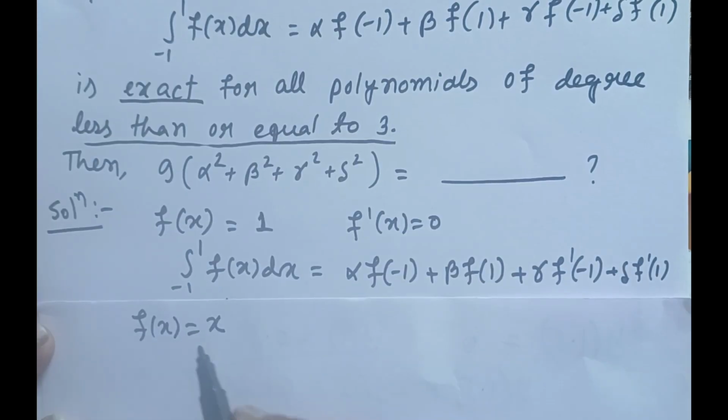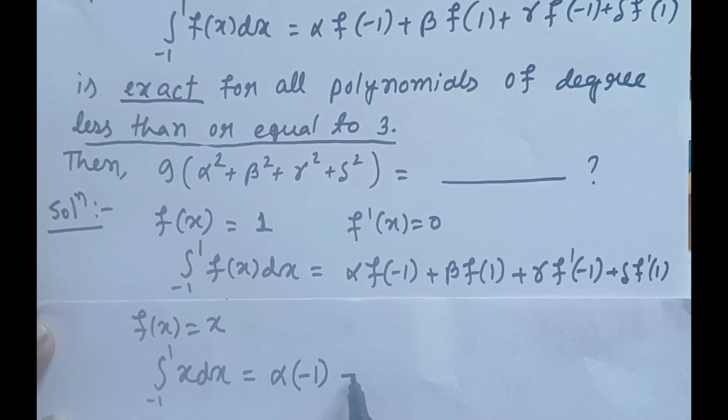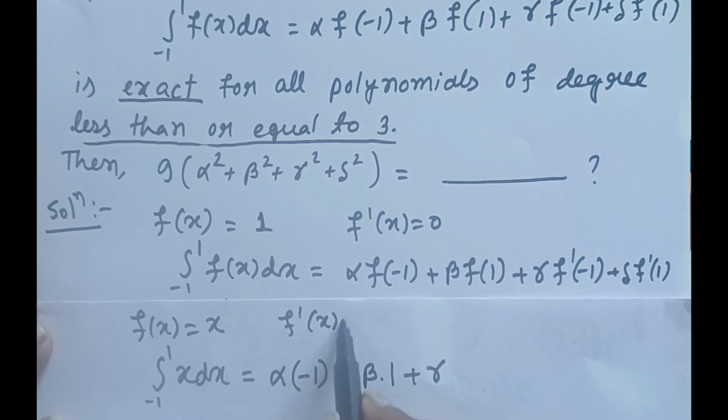Next we will take f(x) equal to x, and similarly by the quadrature formula the LHS is integration -1 to 1 x dx equal to alpha f(-1), which is -1, plus beta f(1), which is 1, plus gamma and f'(x) in this case equal to 1.